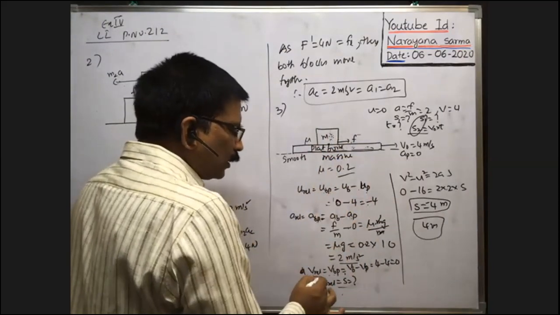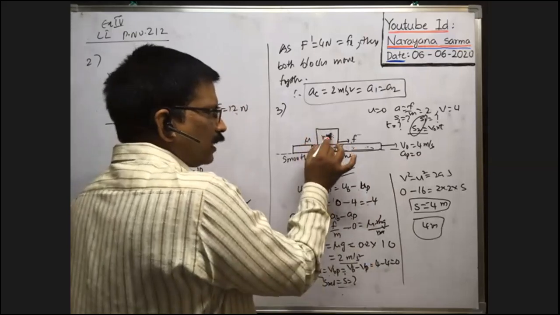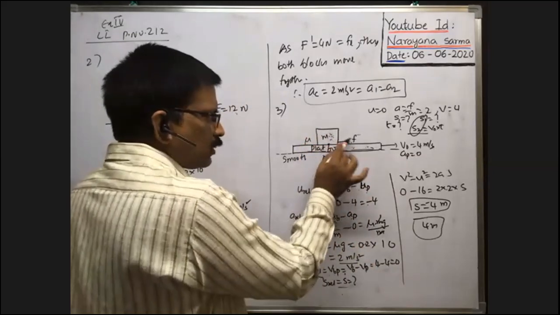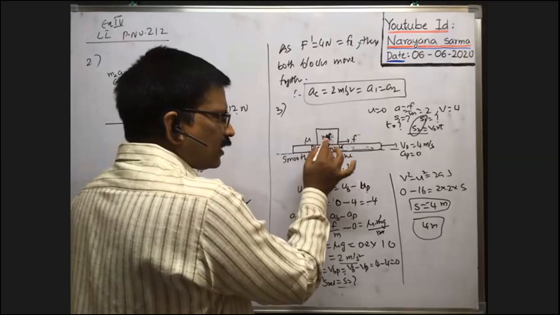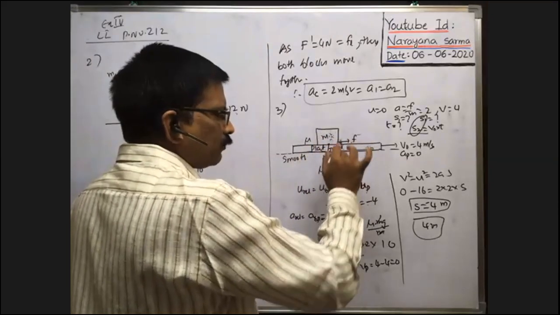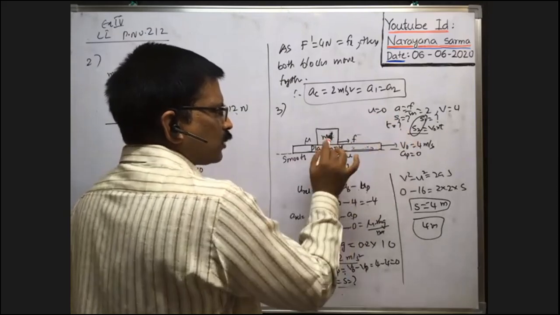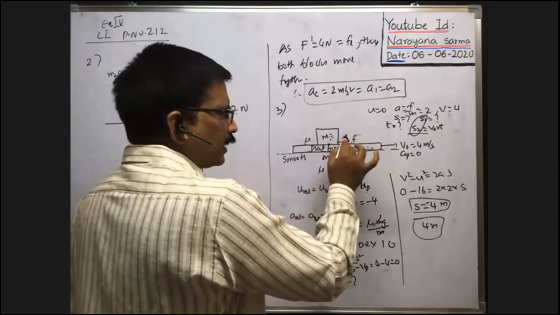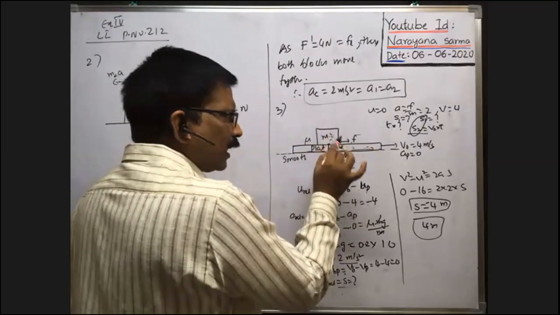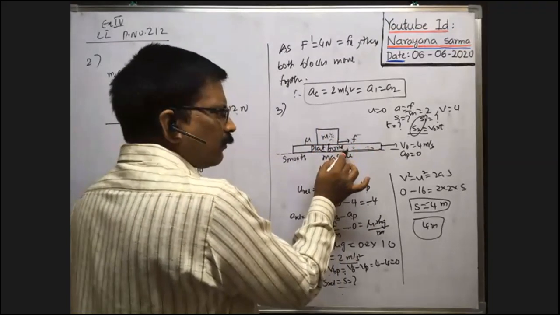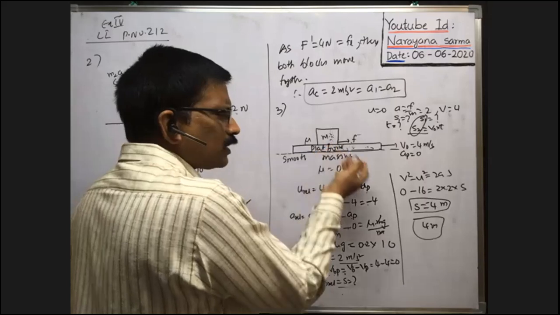Final relative velocity 0 means that because the friction force acts on the block, the velocity of the block gradually increases in the forward direction, because the block travels with this acceleration. Whenever the velocity of the block is equal to the velocity of the platform, the relative motion between these two is 0.